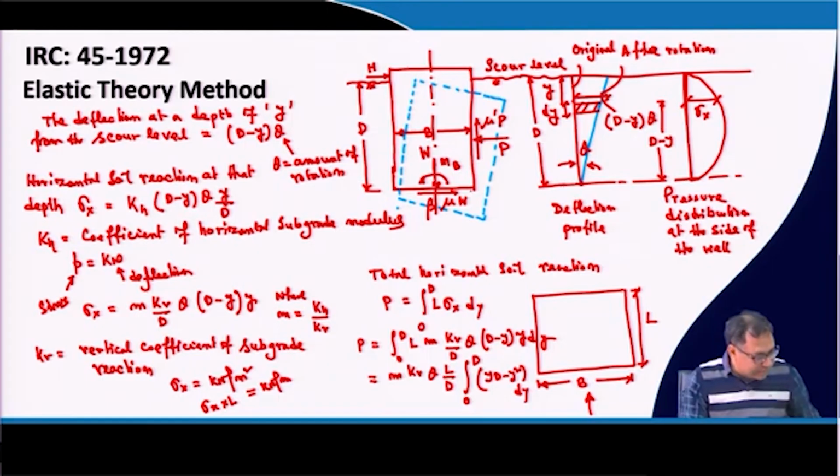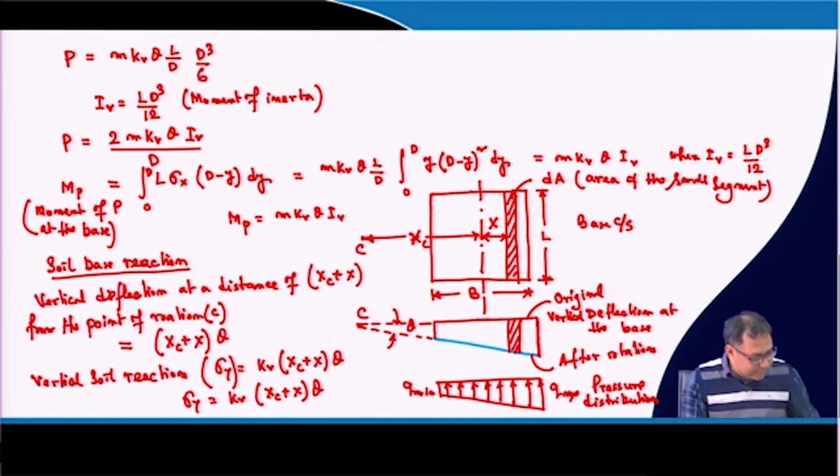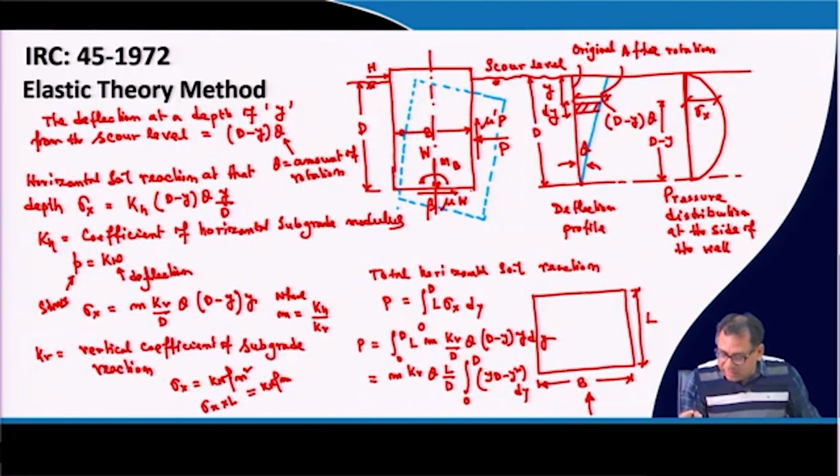So, I should say this is W. Now, this beta mu, instead of writing W, I should write W, because there is a W component and there is also an upward component. So, this is mu dash P. The friction force at the base is the total vertical force into mu, and to note the direction we multiply one beta term.